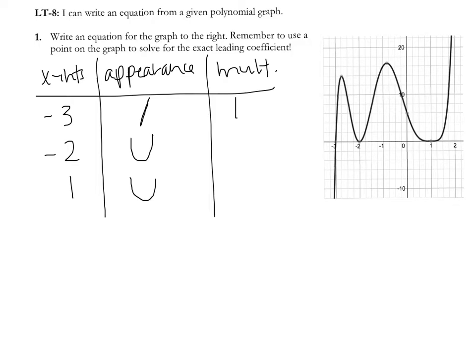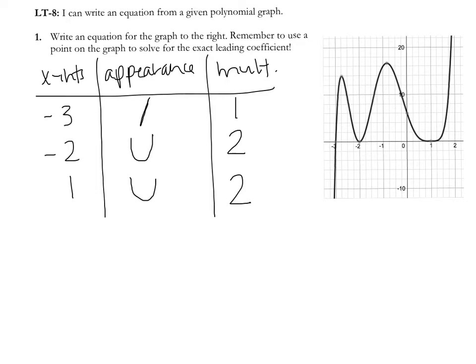We don't know for sure by looking at it whether something is an even multiplicity of 2 versus an even multiplicity of 4. So I typically choose the lowest possible multiplicity, because it makes our algebra a lot nicer later on. So I'm going to call each of these even multiplicities 2. If you wanted to call them 4 or 6 or 8, go for it. It'll just make the algebra a little bit uglier.